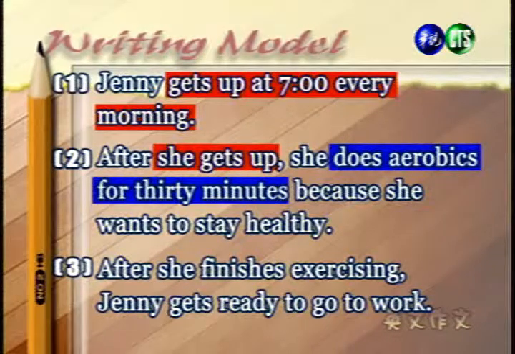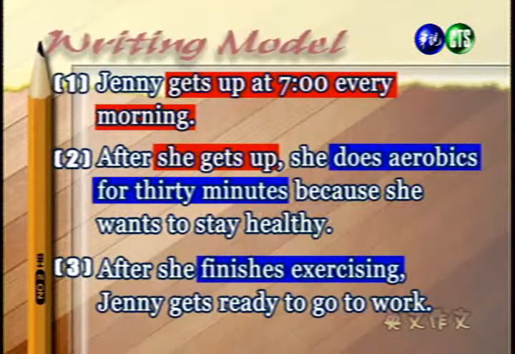If we take a look at the third sentence, you can see it continues this pattern of old information followed by new information. In sentence 3, there's some old information about Jenny exercising. Then there's new information at the end of sentence 3, which is that Jenny is getting ready for work.